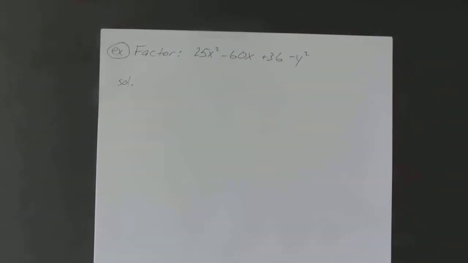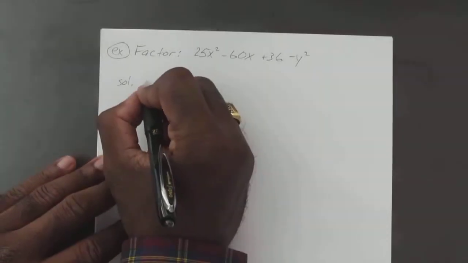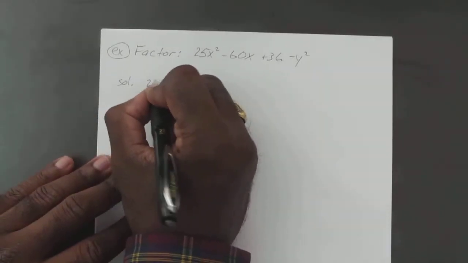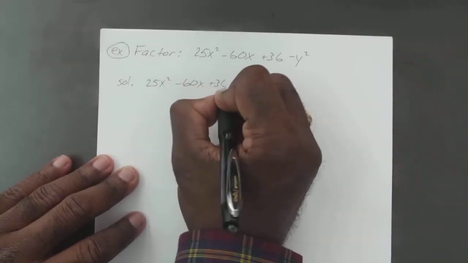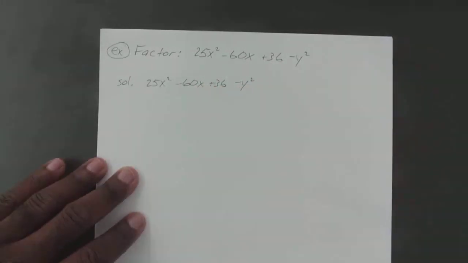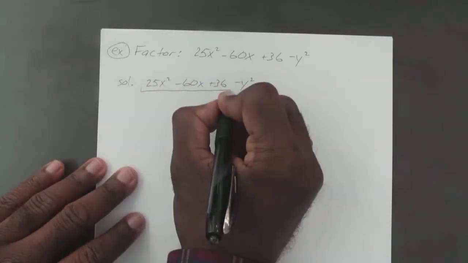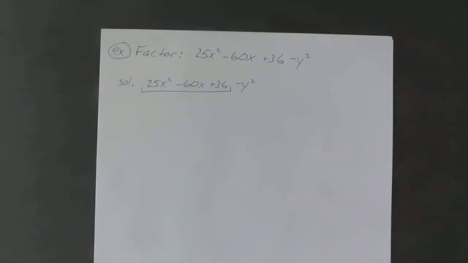Just like before, with 25x squared minus 60x plus 36 minus y squared, I want to check to see if the first three terms can become a perfect square.